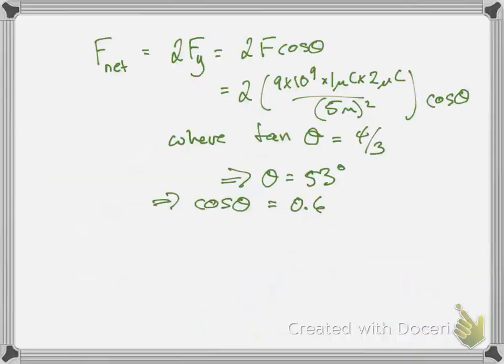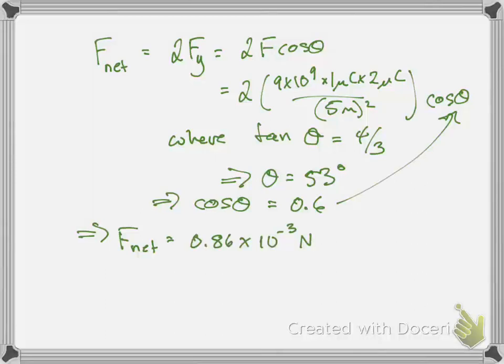So plugging in, I get cosine theta is 0.6, and therefore we can plug in the numbers, and I get F net, plugging in the 0.6 for the cosine theta, 0.86 times 10 to the minus 3 newtons. And the direction is, if we choose standard directions on the previous page, going to be the minus y hat direction. It's in the downward direction.